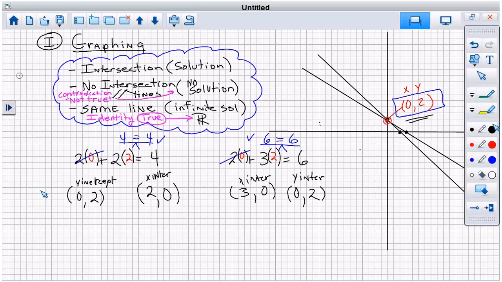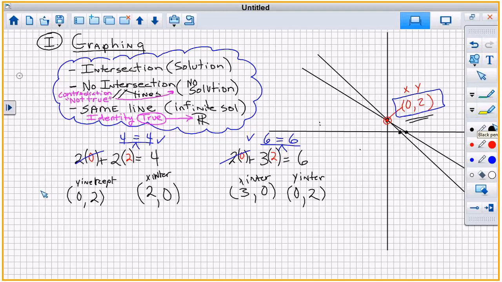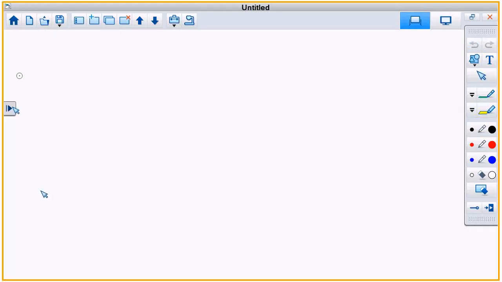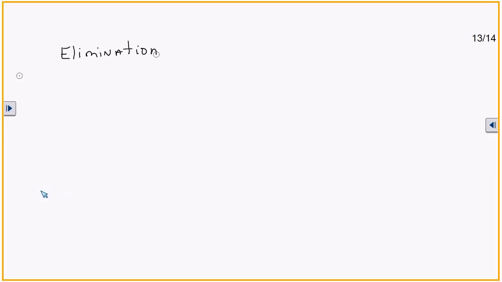And the last method is what we call elimination. Elimination, I like elimination because it's easier to me. Now, when you use the elimination method, you're looking for three things. One, you look for opposite signs.